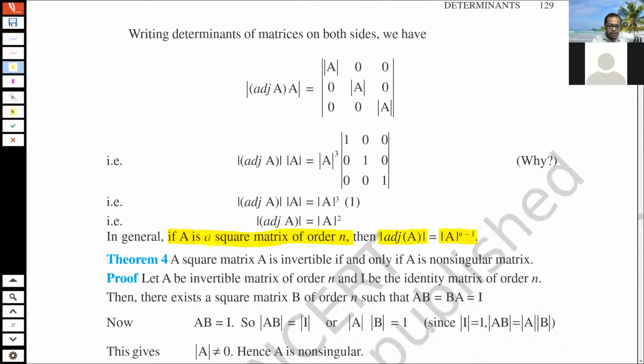It means if matrix A is of 3 by 3 order, then determinant of adjoint of A will be determinant of A to the power n minus 1, it means 3 minus 1. So you should note down this property, and based on this, we can answer the question here.